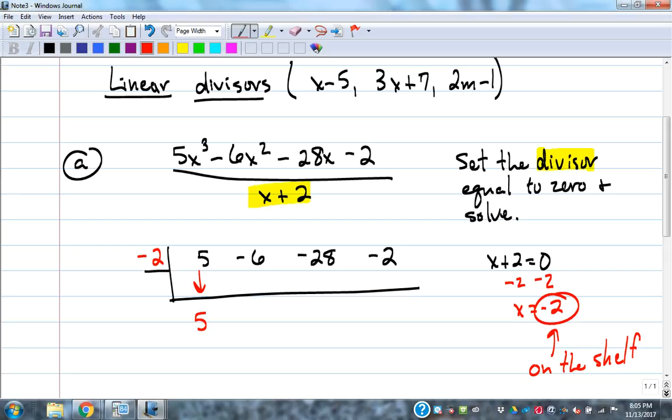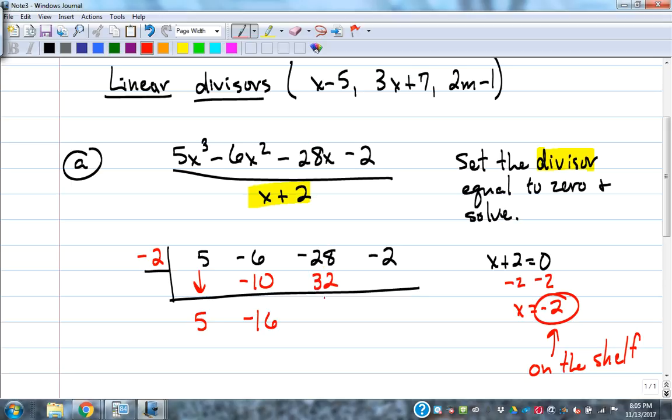Then you multiply. 5 times negative 2, negative 10. And add. Negative 6 plus negative 10, negative 16. Multiply. Negative 16 times negative 2, 32, positive. And then add.